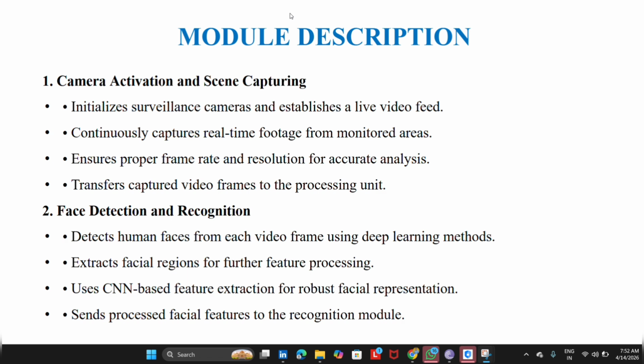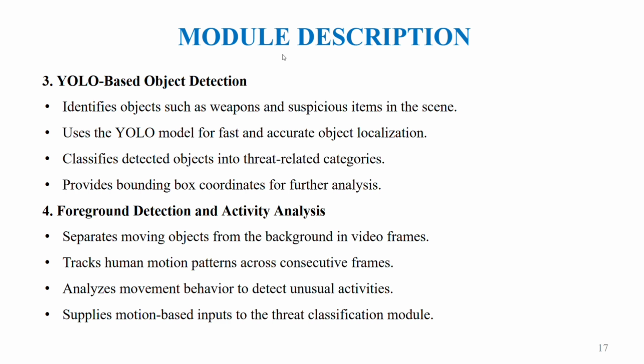Each module performs a specific function. The camera captures the video, the face module detects the faces, YOLO detects objects, activity analysis detects behavior, and finally the alert module sends the warnings. YOLO-based object detection identifies objects such as weapons and suspicious items in the scene.